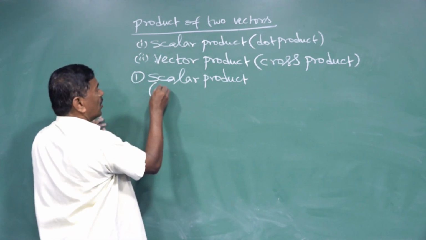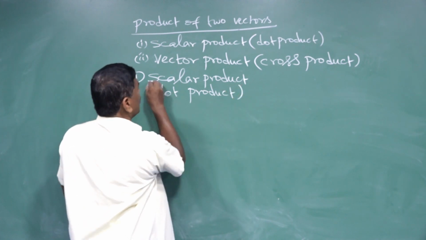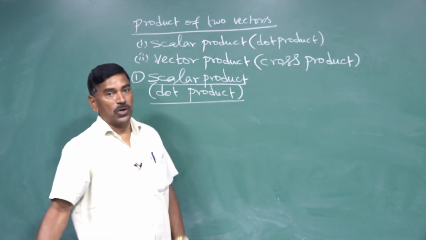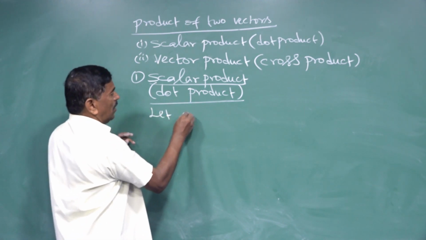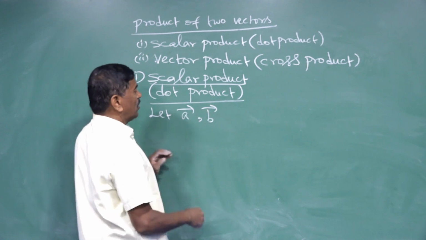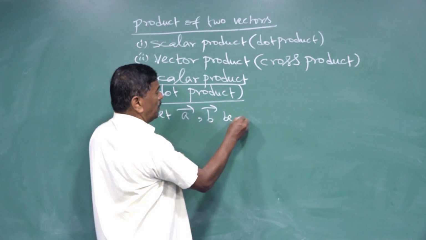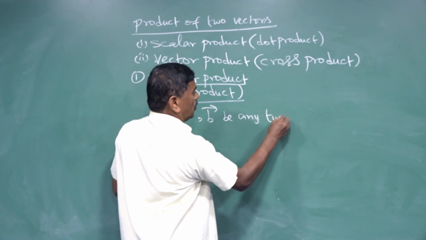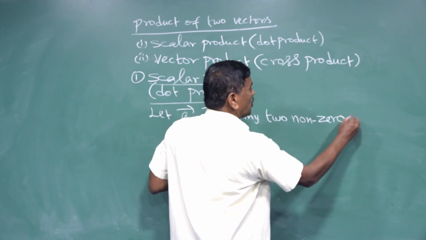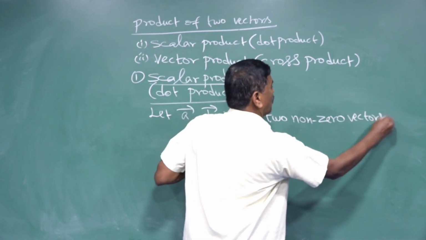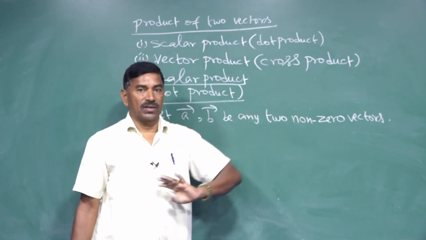Let A vector, comma, B vector be any two non-zero vectors.